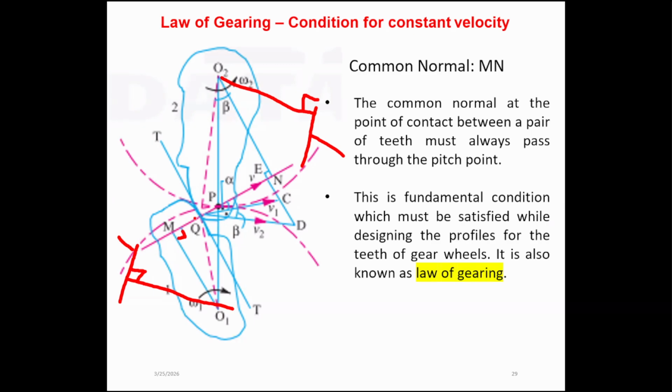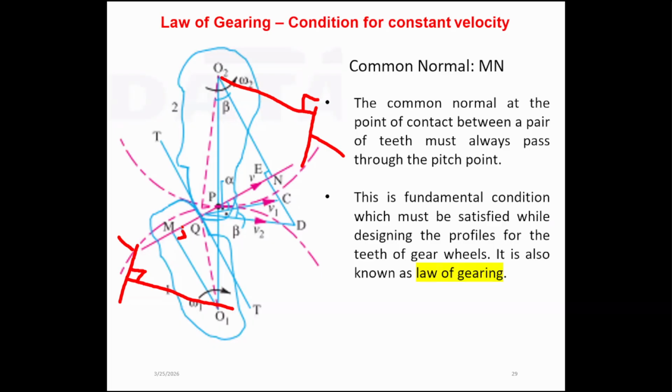One thing needs to be further explained: the common normal at the pitch point also passes through the contact point. So that is the law of gearing. This is the fundamental condition which must be satisfied while designing the profile for the teeth of gear wheels. It is called the law of gearing.